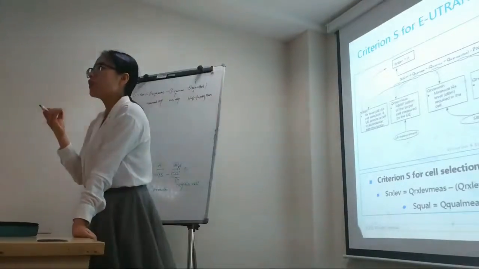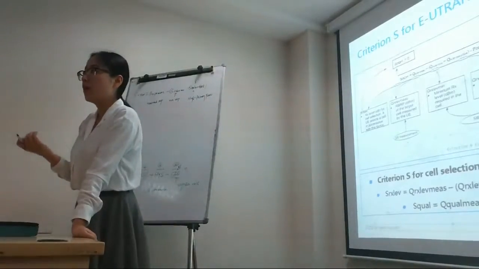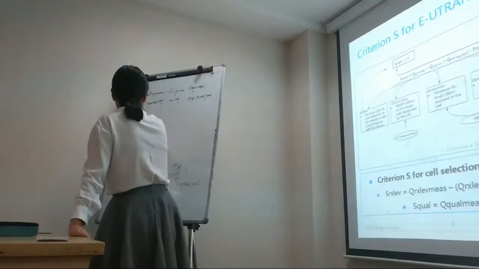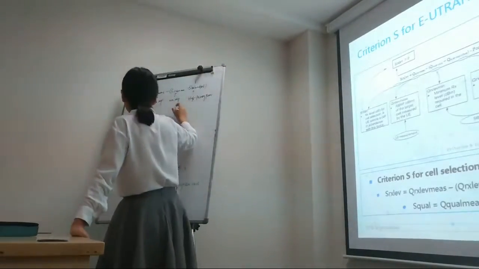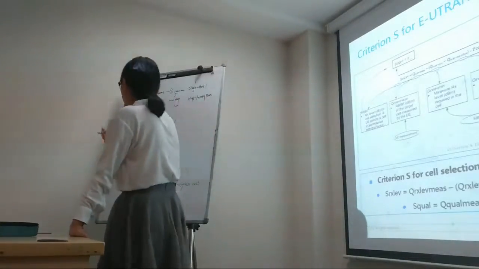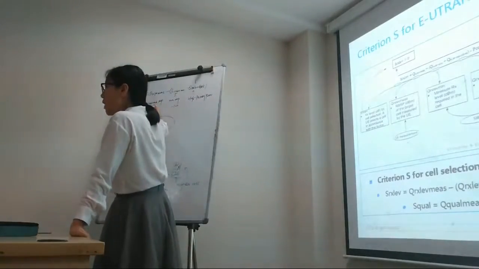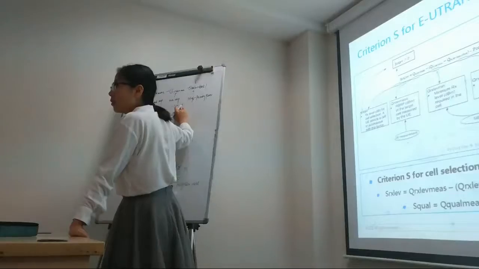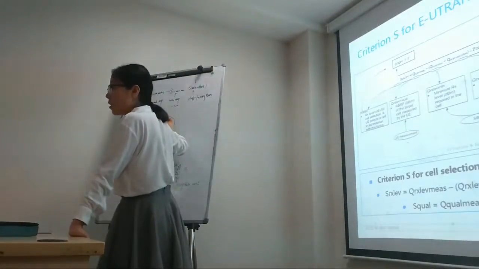But different UEs may have different capabilities. For example, if we don't consider the UE, for this cell I set the minimum as minus 120. So if I measure this SRP greater than minus 120, I can access this cell.